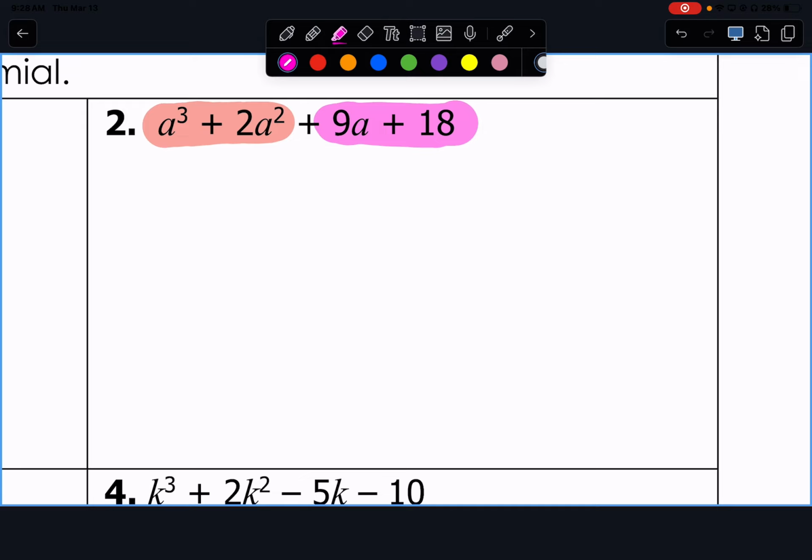Is this what you got? Yeah, first part is... Okay, because you have an a to the 3rd and you have an a squared, right?